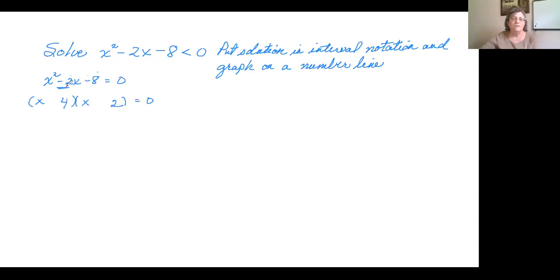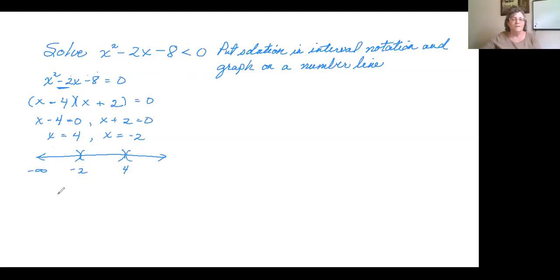To get a negative 2 out of this, I need a negative 4 and a positive 2. So I put x minus 4 is 0, x plus 2 is 0. This is x equals 4. This is x equals negative 2. Negative 2 is the smaller one. From negative 2 to 4. This one does not have the equal part, so it's strictly parentheses.